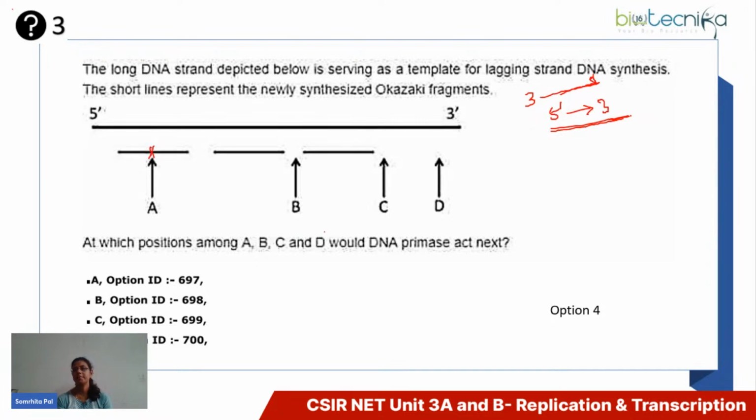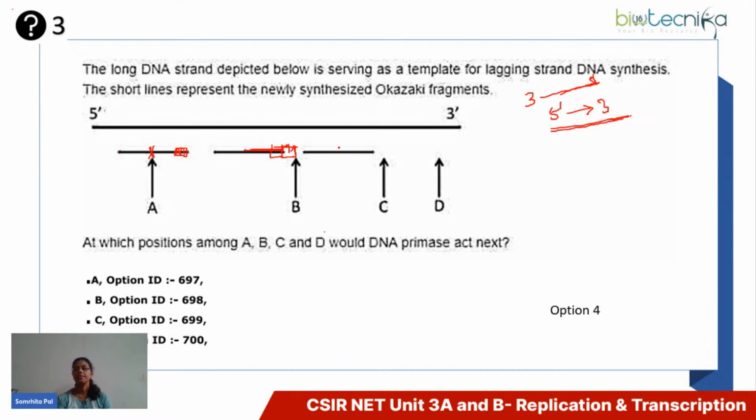This is already a synthesized strand, right? The primer was already here, and from there the strand has been synthesized. The primer will not be sitting here because here you already have a primer, which has synthesized this particular strand B.